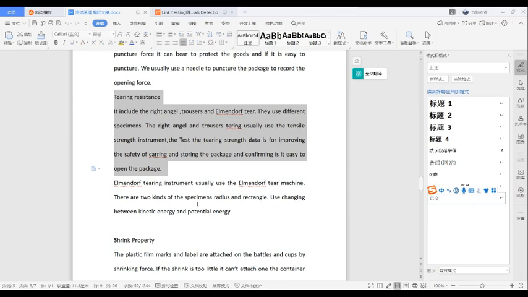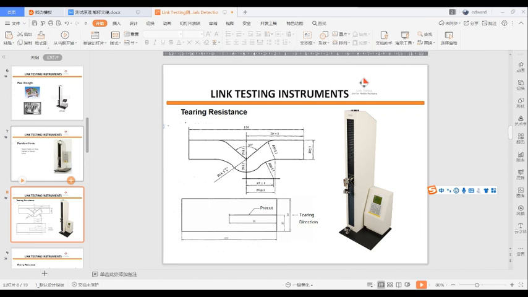You must tear the packaging, and then you will eat the potato chips. So the tearing force means how easy it is to open the flexible packaging, to open the pouch.